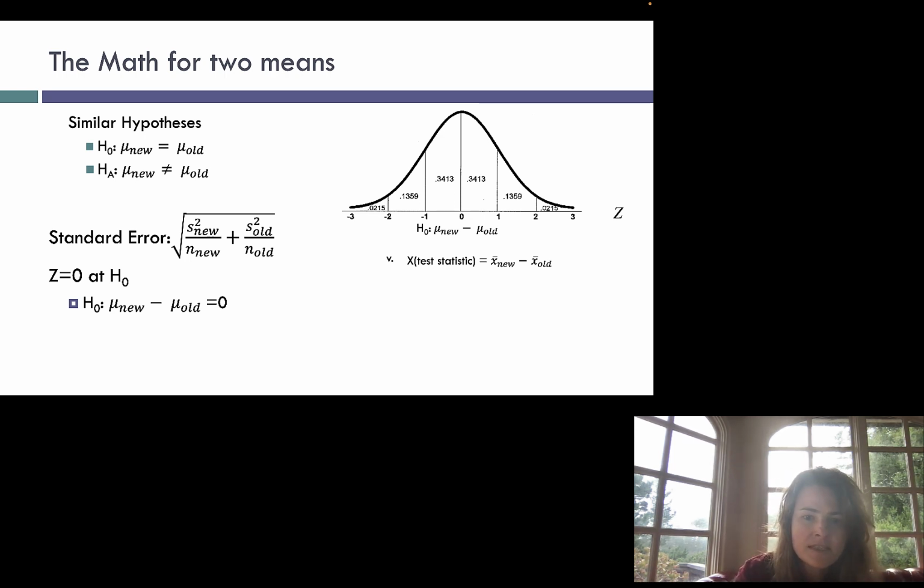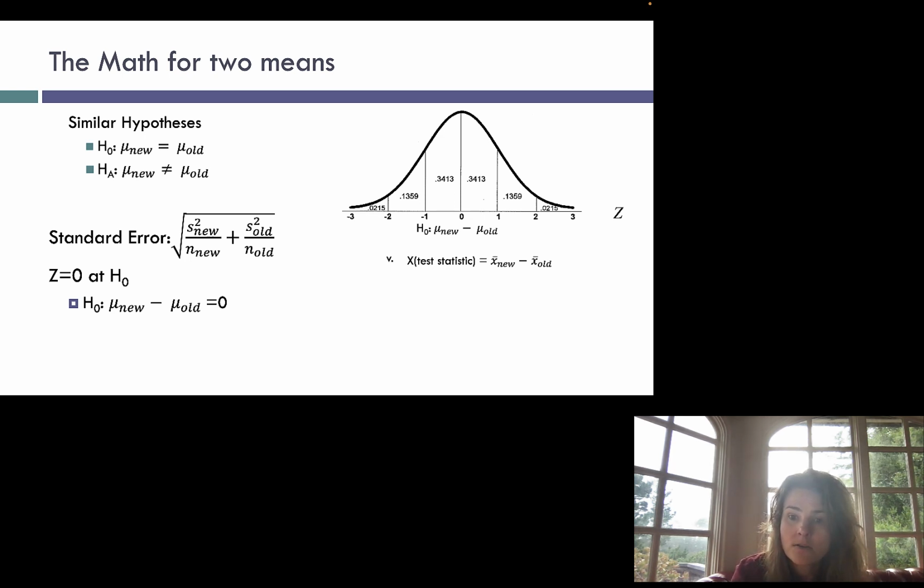And that's going to give you, if you will, an average standard error across the two means. It's a funny averaging technique, squaring and square rooting. And you're going to set your H naught, your 0 on the normal distribution, to be the difference between the two means.